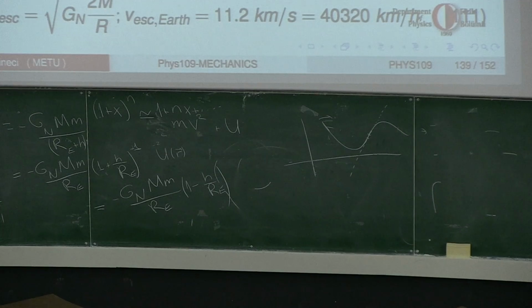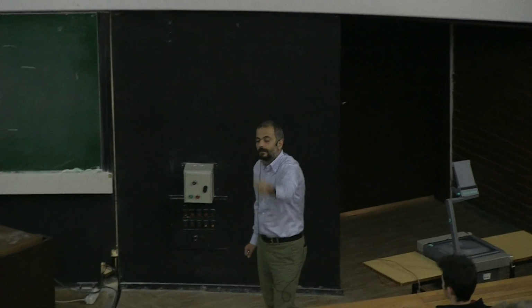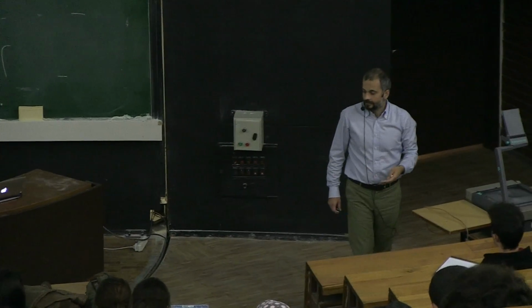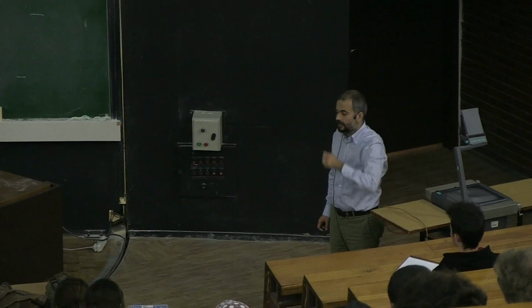If I throw it very fast, it will go to very high distances. If it goes to very high distances, the force that it will feel due to Earth will be very small. So eventually, it might be possible that there is a speed such that it will never come back. It goes up, and it goes up until infinity.